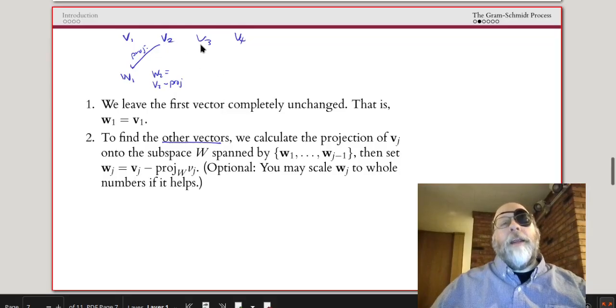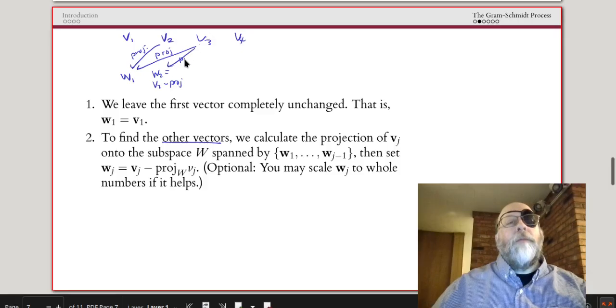All right, then I'm going to take V3 and project it onto both W1 and W2. And I'm going to set W3 equal to V3 minus both projections. Then I'm going to project V4 onto all of the W vectors that came before it.